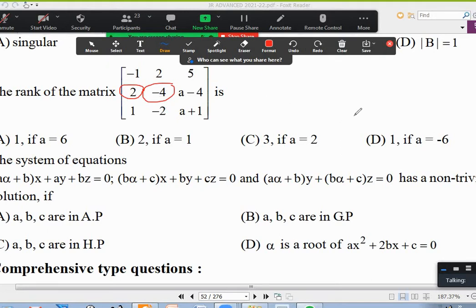Then I'll write it a little bit. -1, 2, 5. And 2 minus 4, a minus 4. 1 minus 2, a plus 1.